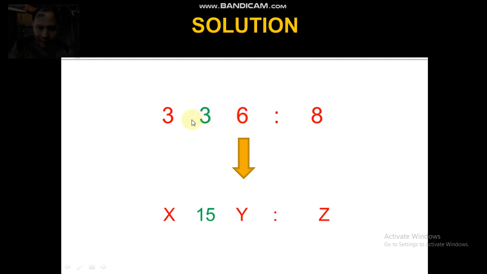Notice that 3 and 6 have a difference of 3. So the ratio difference number 3 corresponds to the actual difference 15. So we can make use of this ratio to compute the actual values of x, y, and z.